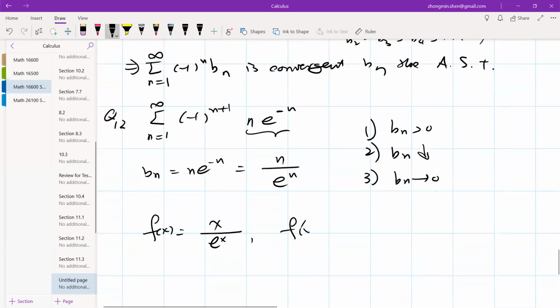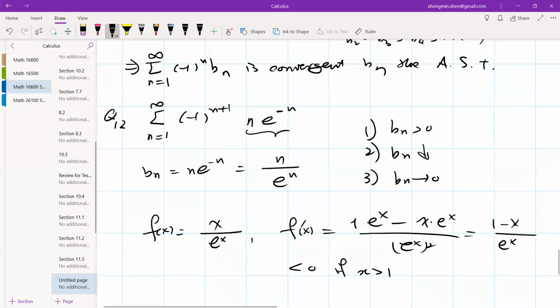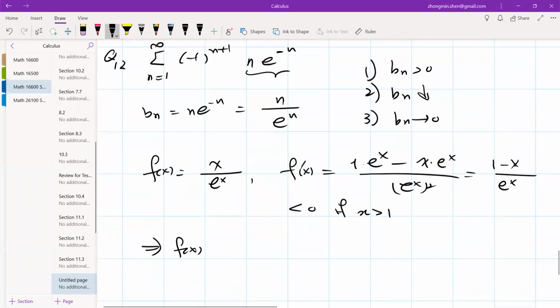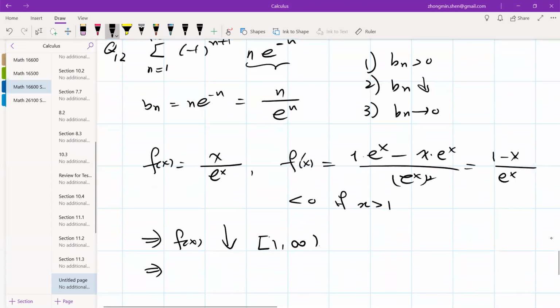Its derivative is going to be 1 times e to the x minus x times e to the x, so it's 1 minus x over e to the x, and clearly it's going to be negative if x is greater than 1. Done. So this implies f of x is decreasing on the interval from 1 to infinity.